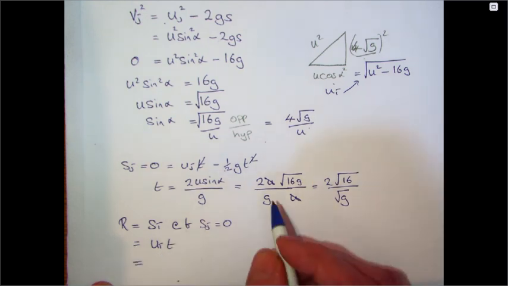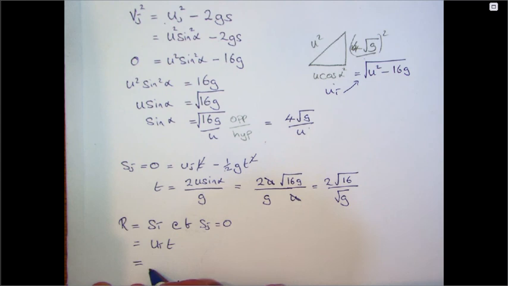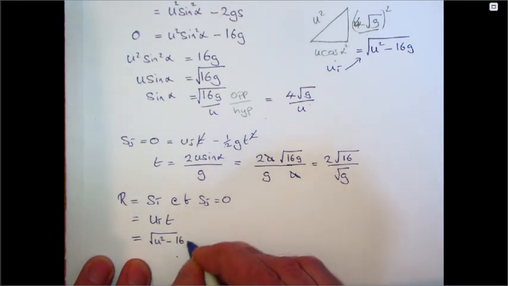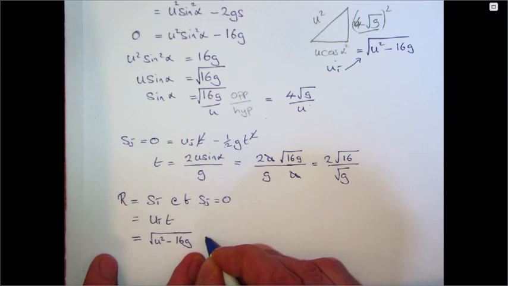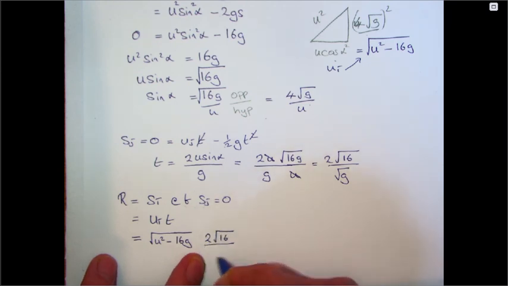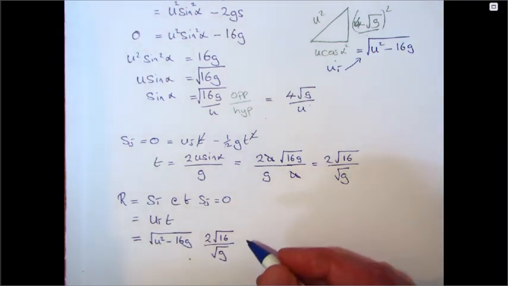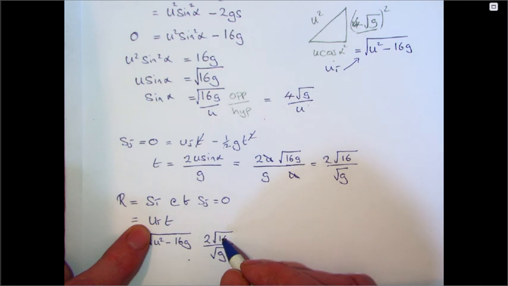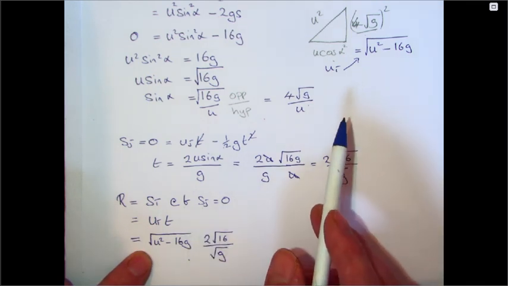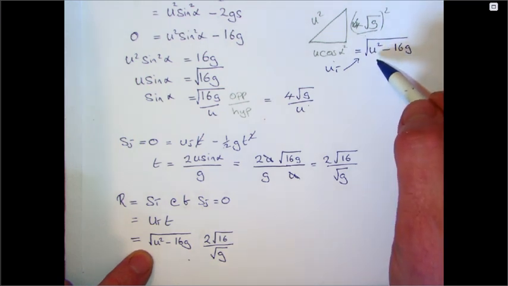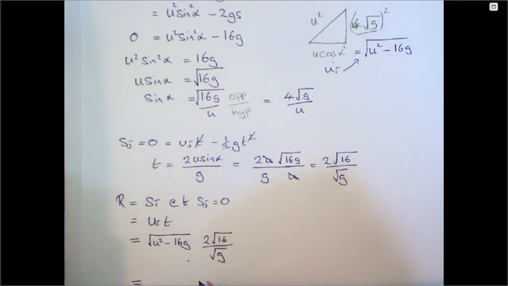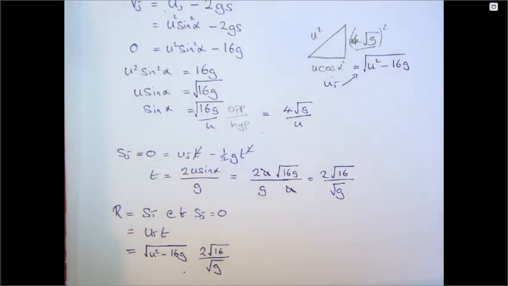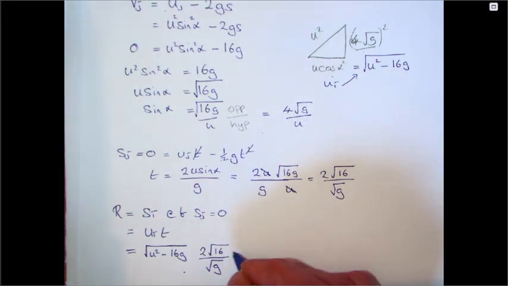At that time, u of i, we said, was the root of u squared minus 16g, times 2 root 16 over root g.